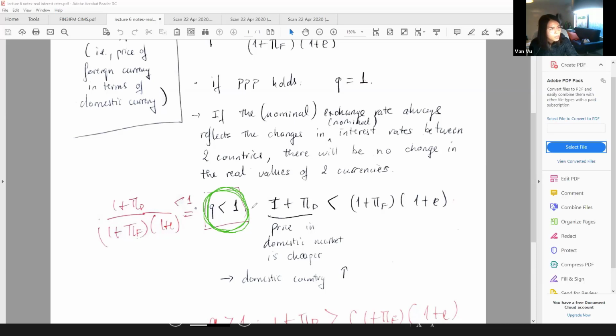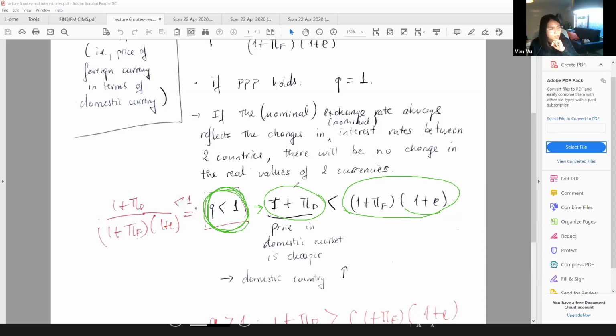So for example, if Q is less than 1, so if we go back to our previous equation, if Q is less than 1, then that means the change in the price level in the domestic country is smaller than the change in the price level of the foreign country, okay, after adjusting for exchange rate differential, okay.